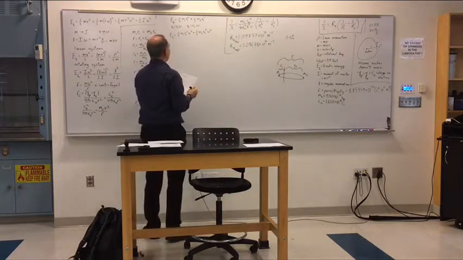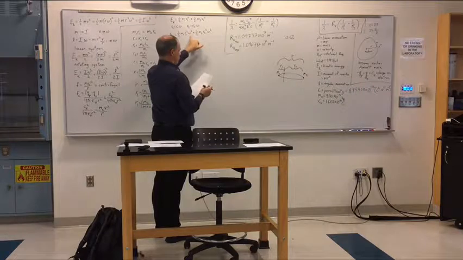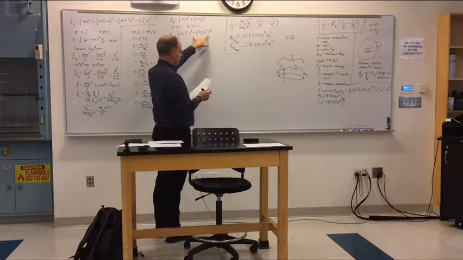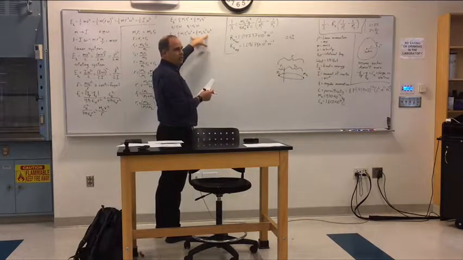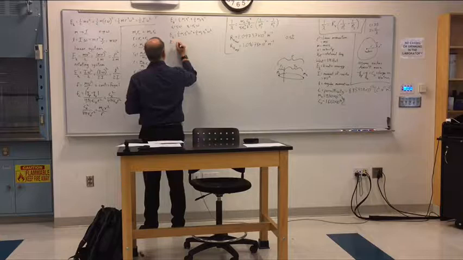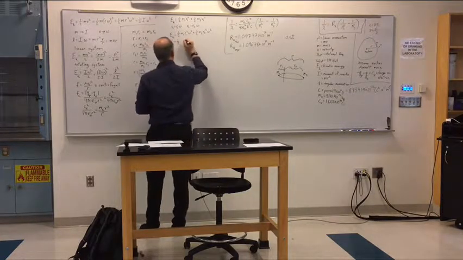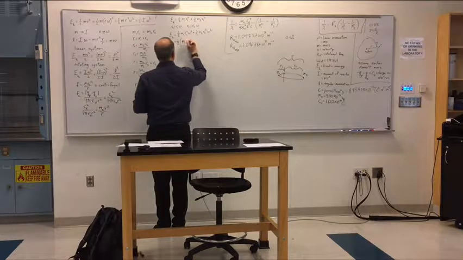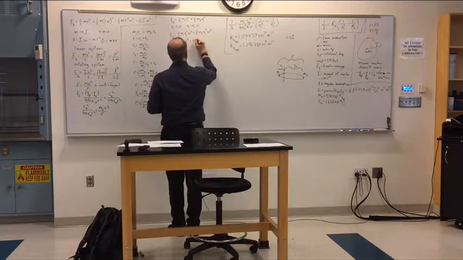You see that we have both the 1/2 and our angular velocity on both of them. So we can pull that out. Kinetic energy is equal to 1/2 m1 r1 squared plus m2 r2 squared, times omega squared.